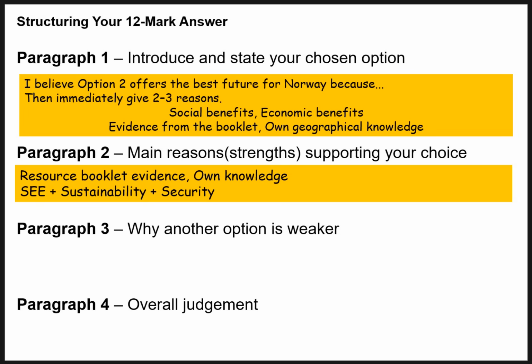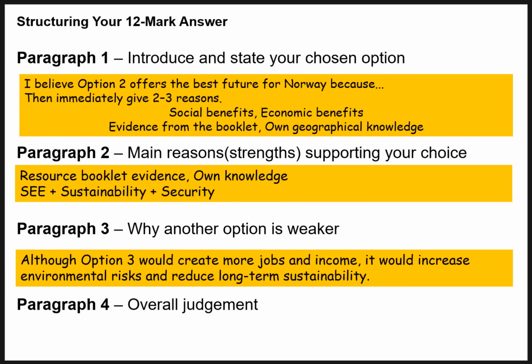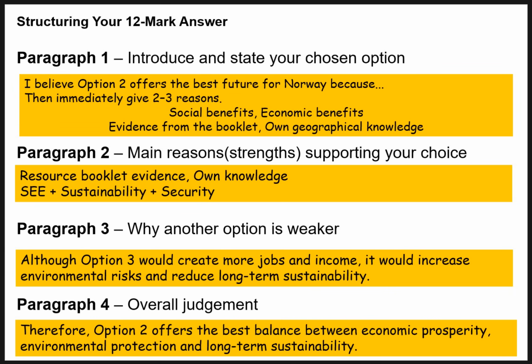Give the reasons, the strengths for your chosen choice, main reasons. So state what they are, then the strengths of them. Why other options are weak. So you must reference another option. So option 3 is this, option 1 is this. And then your overall judgment, making a link back to what option 2 is.